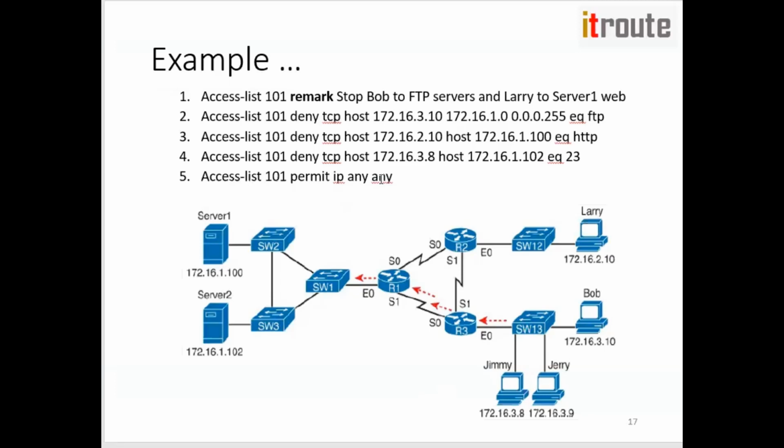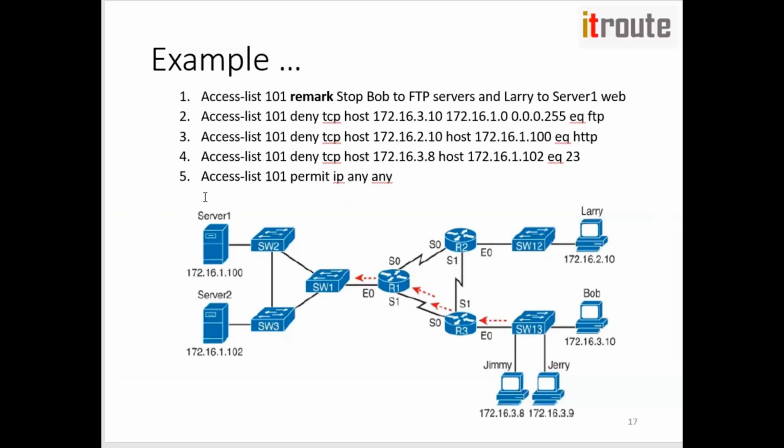Now later on we change our mind and say we want to deny Larry. So you allow, and later on you say you want to deny Larry. Then later you change your mind and say I want to allow Larry now. What are you going to do? You need to add another line: access list 101 permit TCP host Larry.